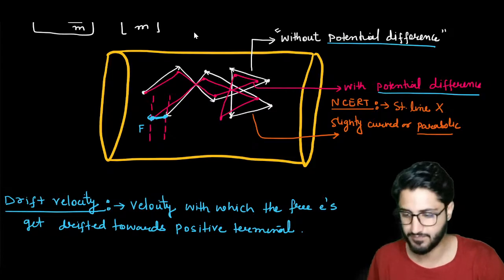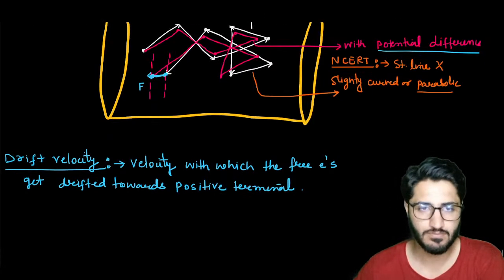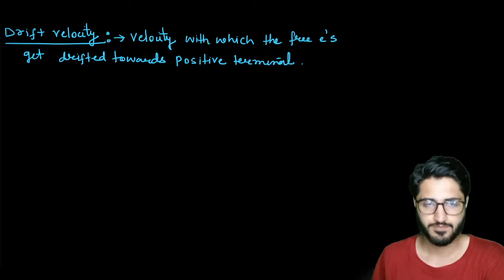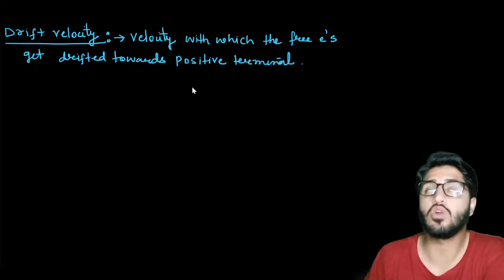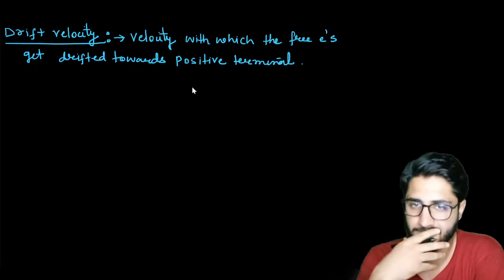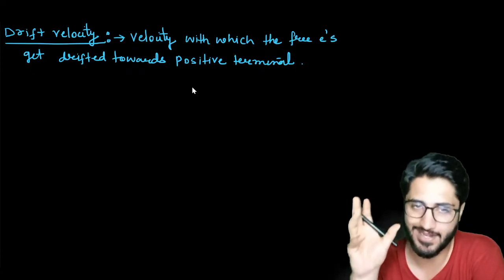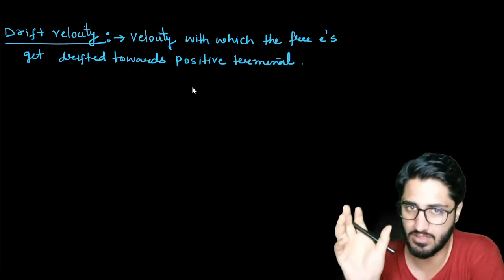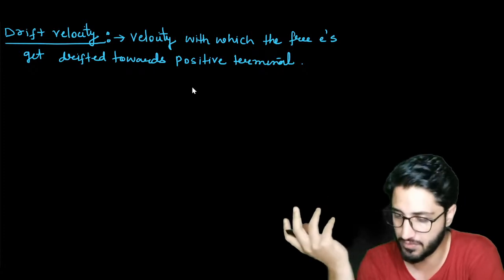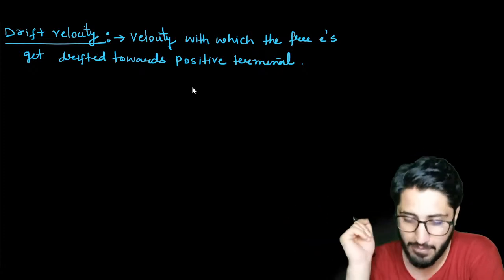Okay, look now here. So we know that there are n number of free electrons in this particular conductor.